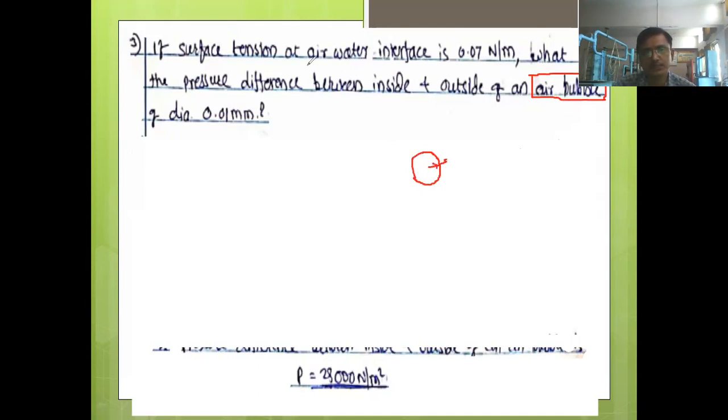And here they are saying it is an air-water interface, and the pressure difference between inside and outside of an air bubble. An air bubble means there is a bubble of air inside the water. So this air bubble will have only one surface.